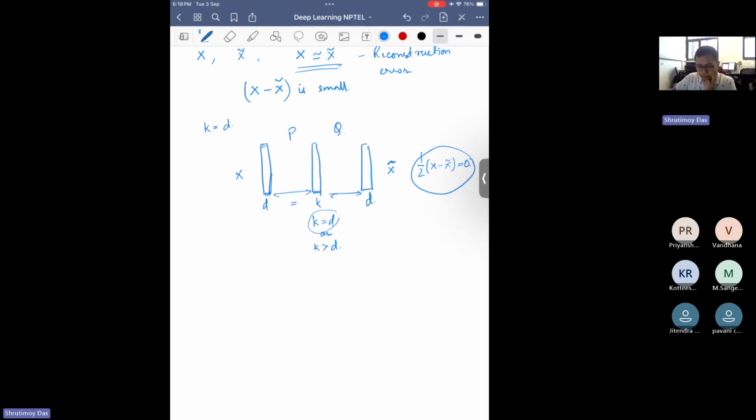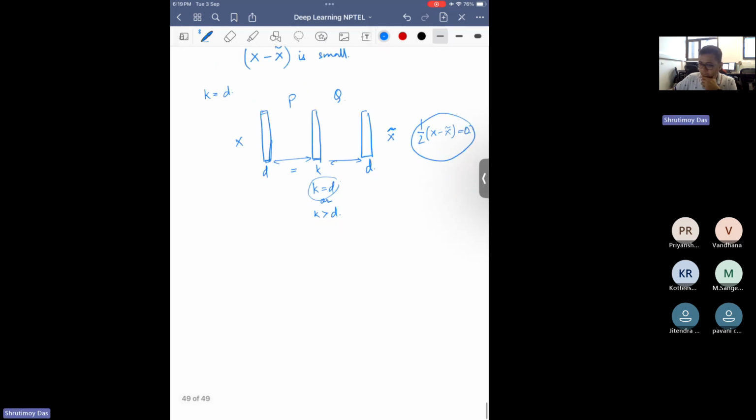Is the question clear? So this is a very easy case. We are taking x and taking it to some other space, keeping the dimension the same. It is in d, and this is also in d.